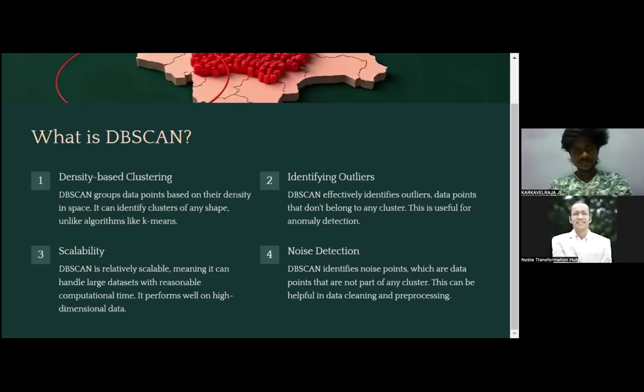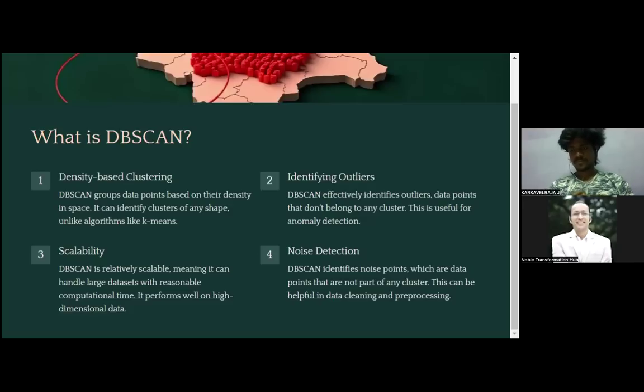Then noise detection. It identifies noise points, which are data points that are not part of any cluster. Outliers and noise points are like noise: they do not have any information, and they are not relevant for our problem solving or performance, or not related to our objective function.